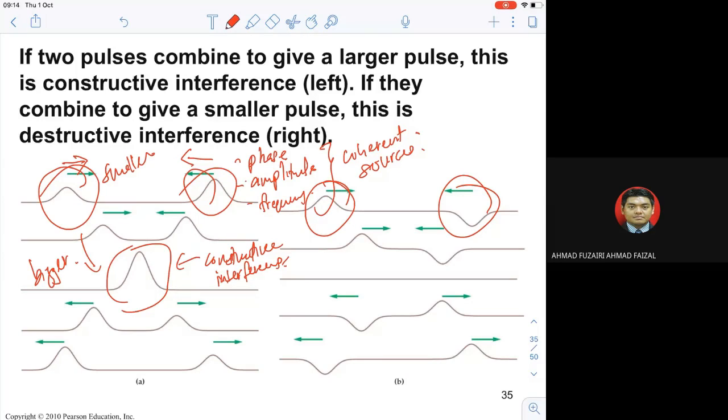So when they meet, it will decline. This is called destructive interference. Now it's like a decline. When they meet, we see that there are two waves that are not in phase.